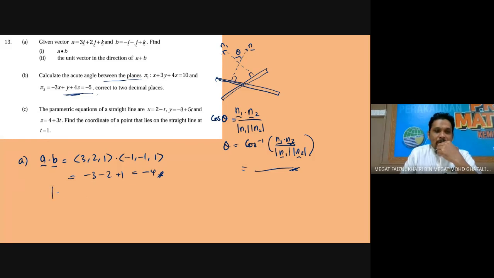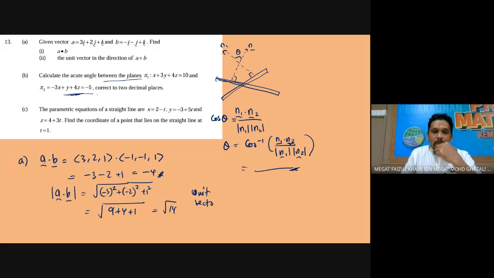Unit vector: modulus of A dot B, which is square root of -3 square plus -2 square plus 1 square, then square root of 9 plus 4 plus 1, square root of 14. So the unit vector is -3 divided by square root of 14 i, minus 2 divided by square root of 14 j, plus 1 divided by square root of 14 k. That's it.